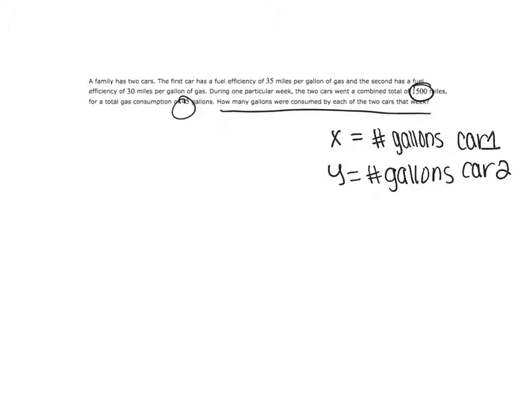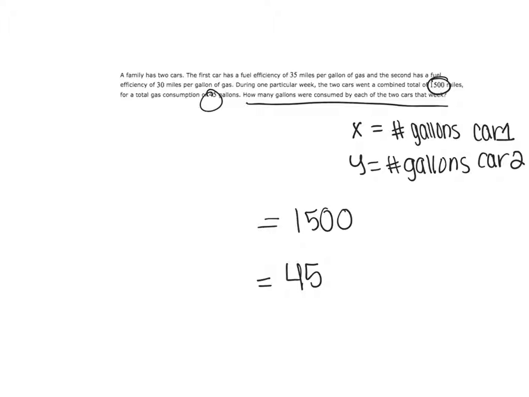Then I'm going to have my two equations set equal to my totals. During one particular week, the cars went a combined total of 1,500 miles. To find that, I have 35 miles per gallon of gas.